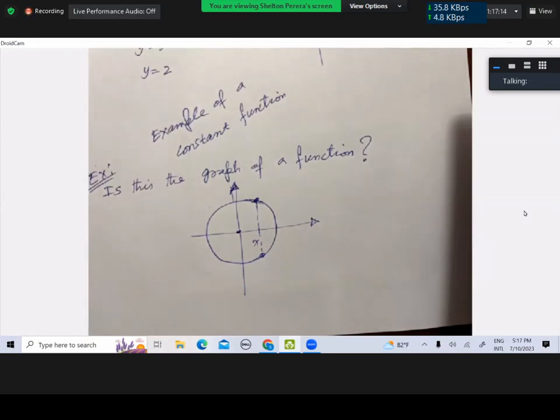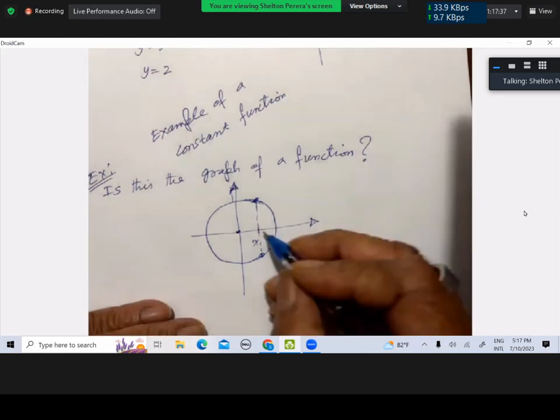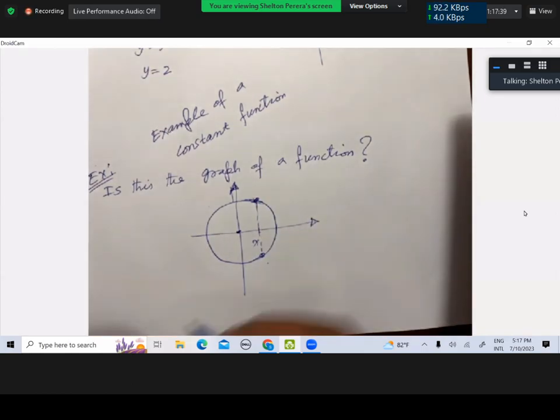If it is a function, for one input there is exactly one output. Different inputs may go to the same output, but the same input cannot produce two outputs. For this x, there are two outputs.